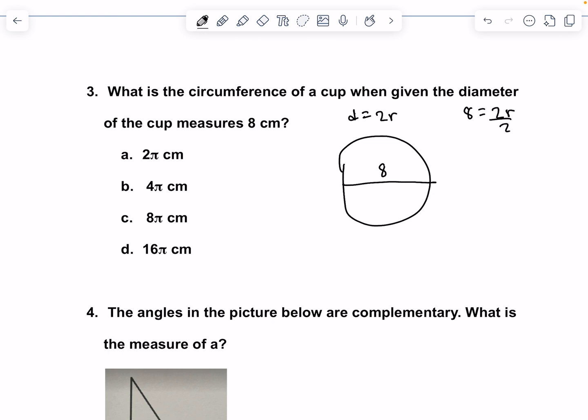We divide by 2 on both sides, and it gives us the radius is equal to 4. For circumference, we know the formula is 2 pi r. So we do 2 pi, and our radius is 4. 2 times 4 is 8, so it would just be 8 pi. So the answer would be C.